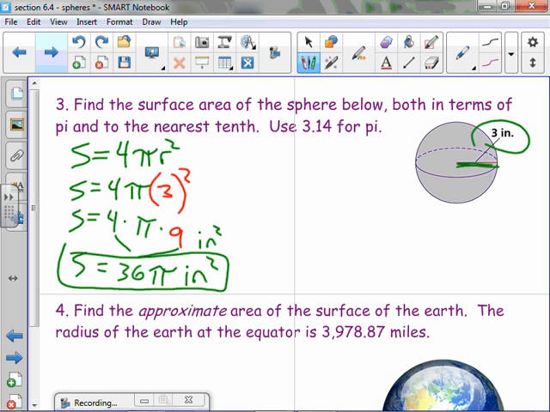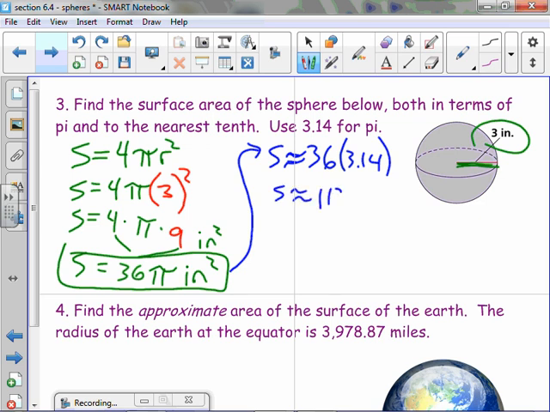Now all I'm going to do is multiply by 3.14 to get an approximate answer. So I get 36 times 3.14, and the calculator says that that is 113.04.